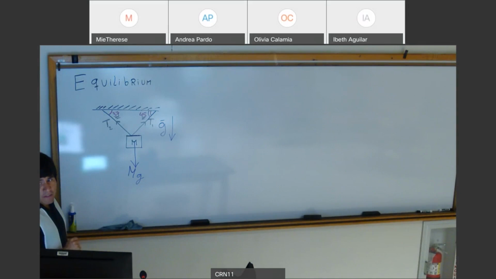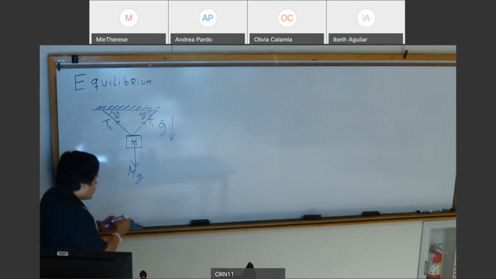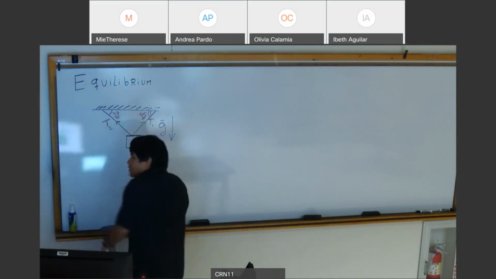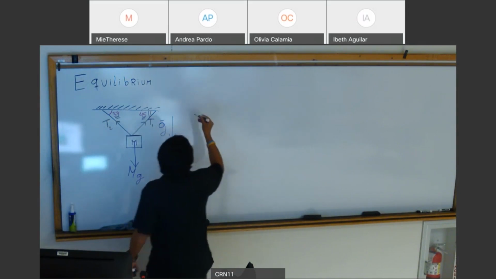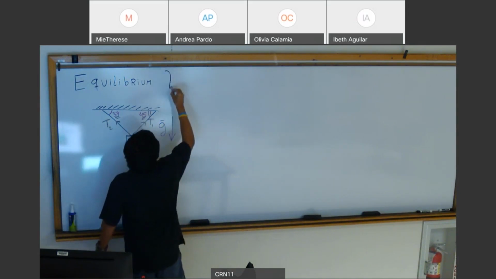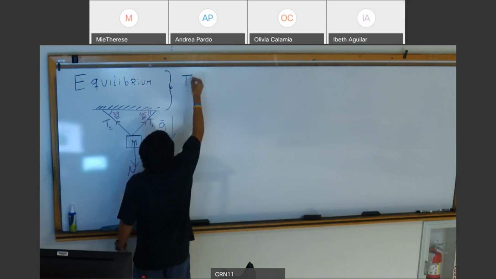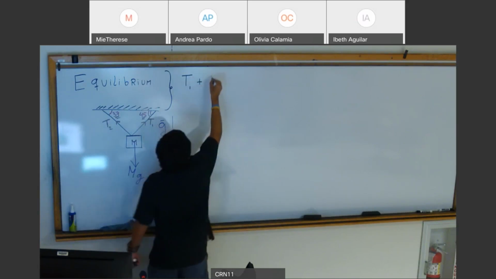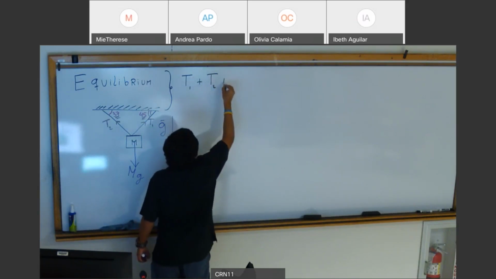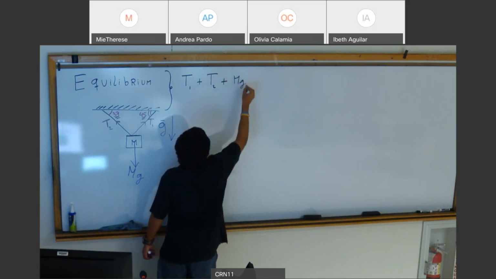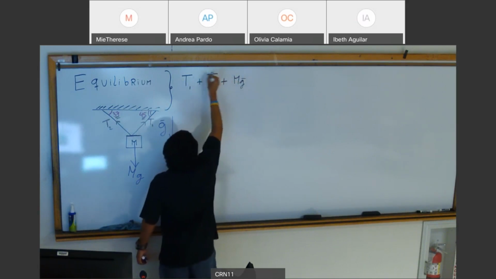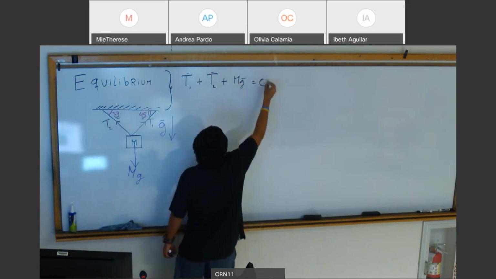Now, the key word is that they are in equilibrium. So what you will need to write here, remember that force is a vector. So you will have here that T1 plus T2 plus mg, and you can even put vector, vector, vector, is equal to 0.